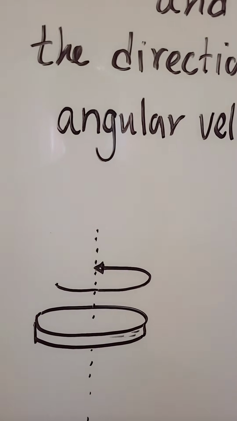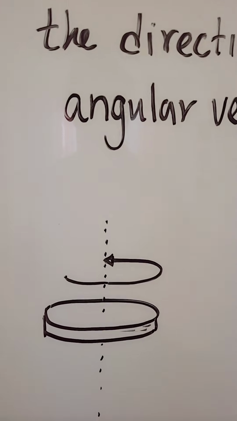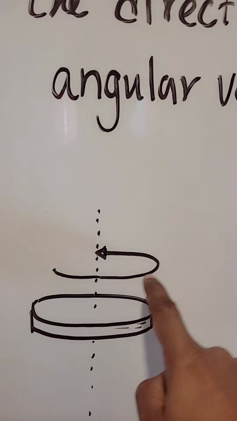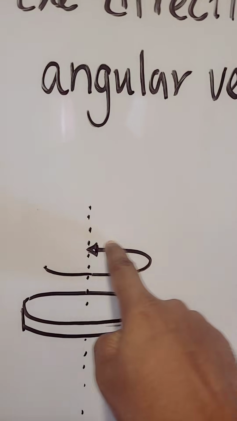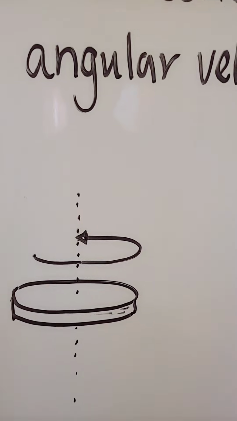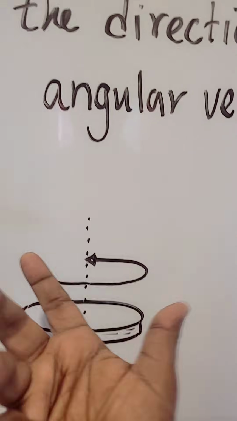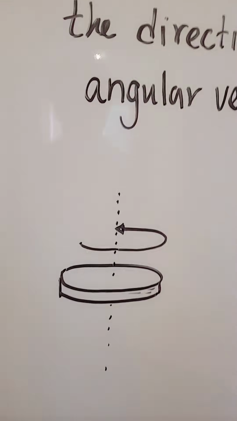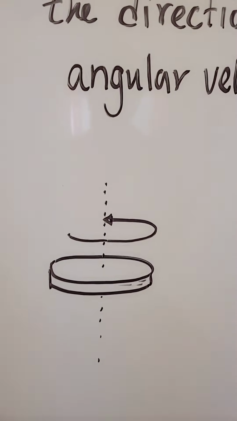Then how do you find the angular velocity vector? Sometimes students think, isn't that the direction of the angular velocity vector? No, that's not the direction. That's how it's rotating in a counterclockwise sense. How do you find the direction of the vector then?